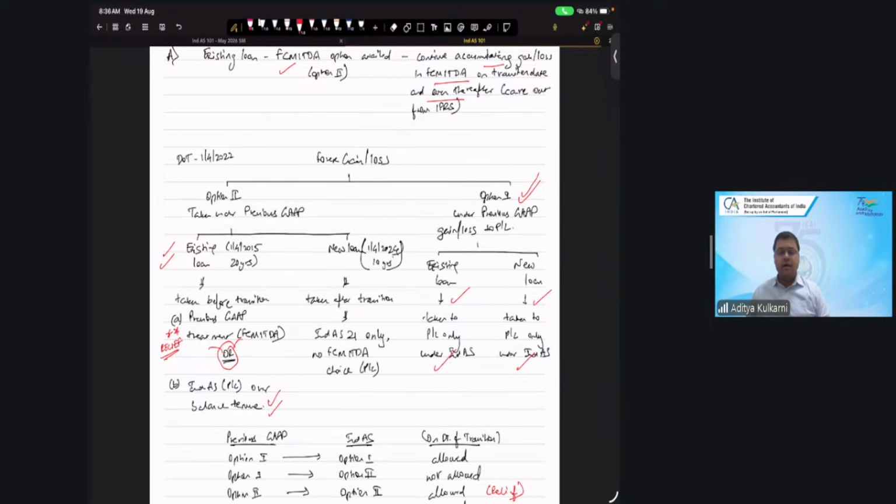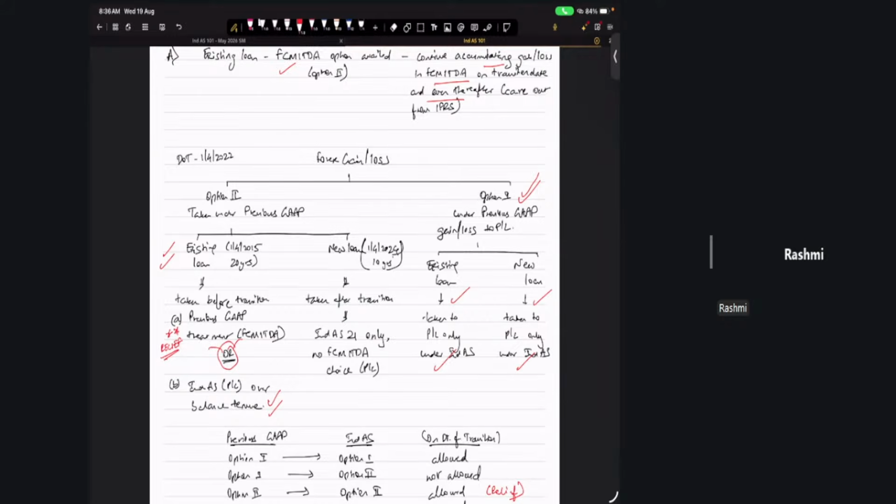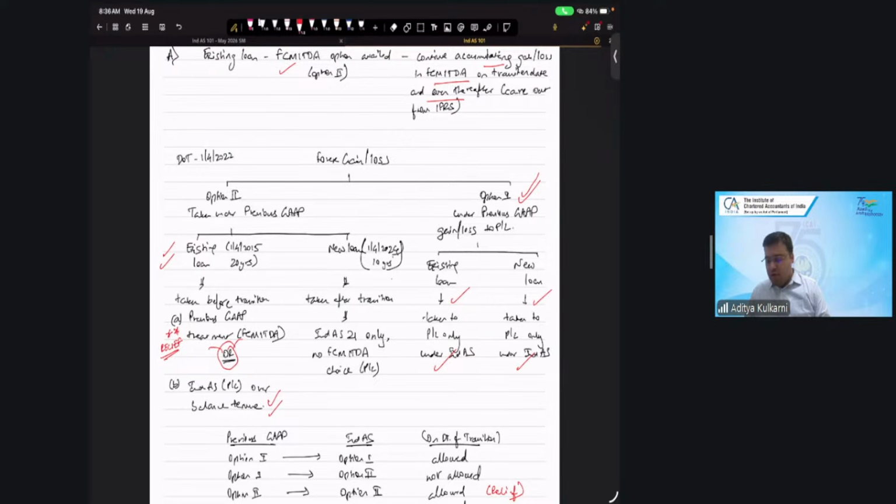Are we able to understand? Yes, sir. Now, if I have taken a new loan after the transition date, it is mandatorily under the P&L. No FCMITDA option. Are we okay with this?